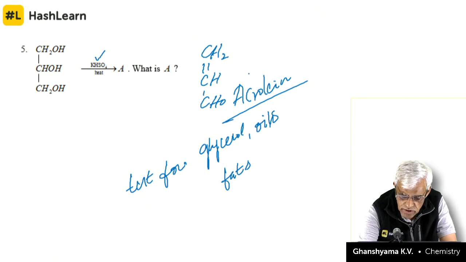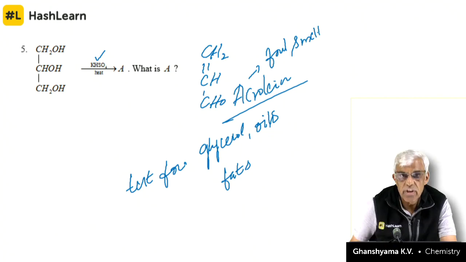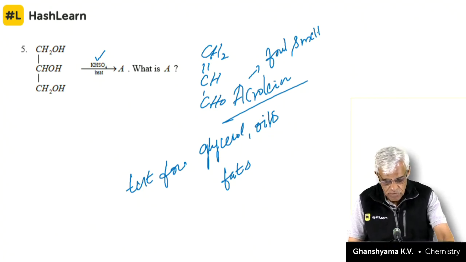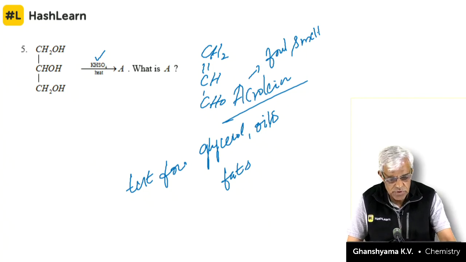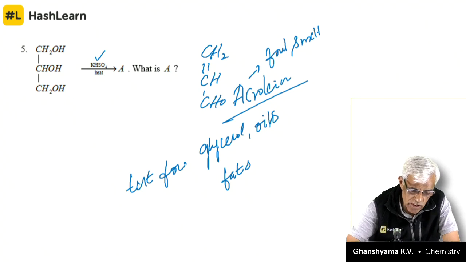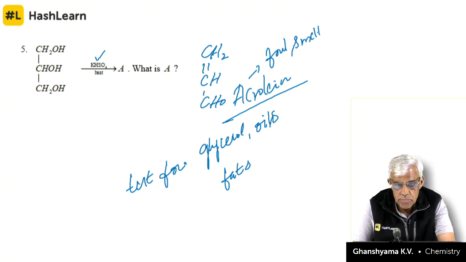This acrolein has got a very foul smell. So, glycerol, oils, fats, if you heat it with KHSO4, undergo both dehydration and dehydrogenation, giving acrolein.